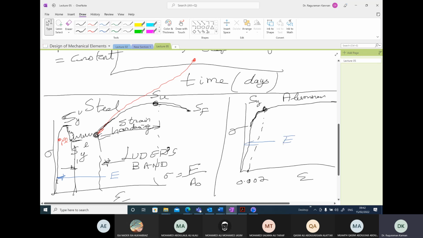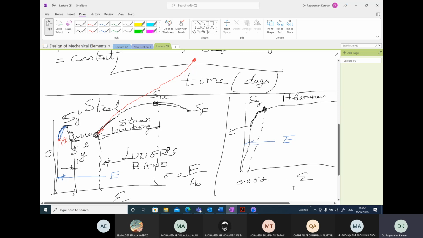Now if you carefully look at it, this is the point of proportional limit. Up till the proportional limit, the E value is valid, but between the proportional limit and the yield strength, we have this blue region here. This is a non-linear elastic region.